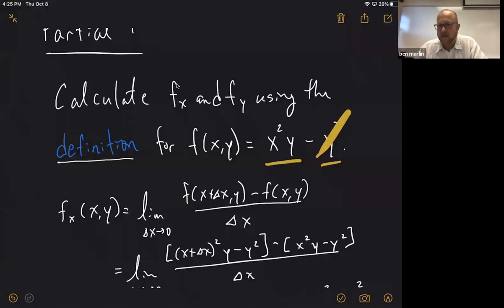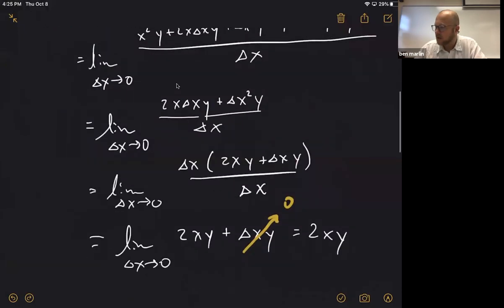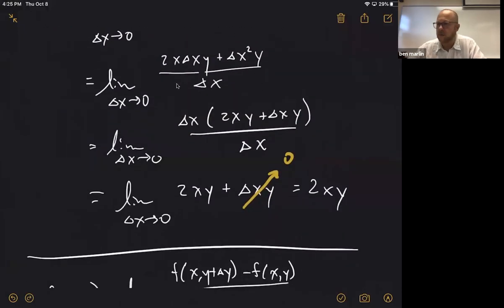You'd take the derivative of the x squared and get 2x, and then times the y, okay? Because the y is just a constant as far as x is concerned. But 2x times y, which is what we got down here, so everything is working the way we expect it to.